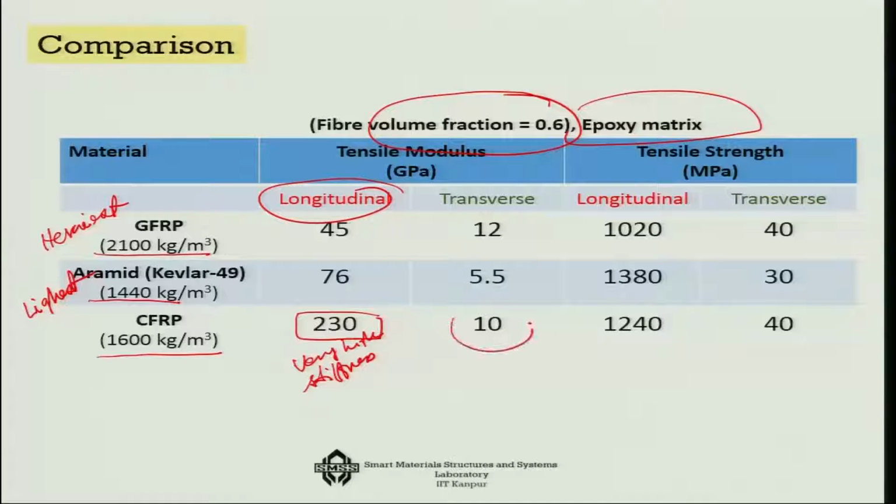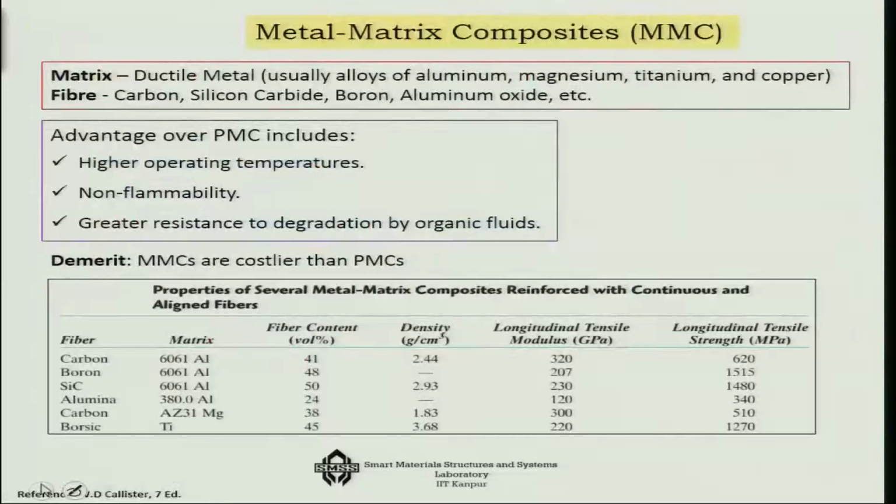In the transverse direction it is only 10, and tensile strength wise it is close to steel, that is 1240 megapascal, whereas transverse it is about 40. So in many senses, other than density, CFRP is better because it has higher modulus of elasticity and higher strength in comparison to the other two materials which are mostly used.